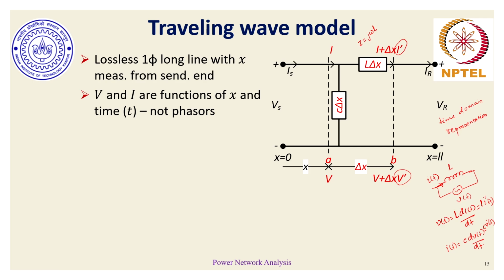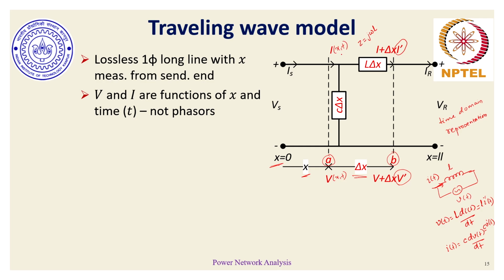Since these derivatives can exist in terms of time, they also exist in terms of distance from the sending end. So if I take a cross section of the line at a distance x from the sending end with width delta x, and I choose nodes, node A and node B, at node A I have to find V in terms of x and t, and I also want to find I in terms of x and t.